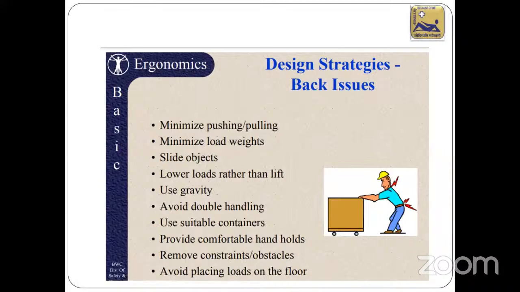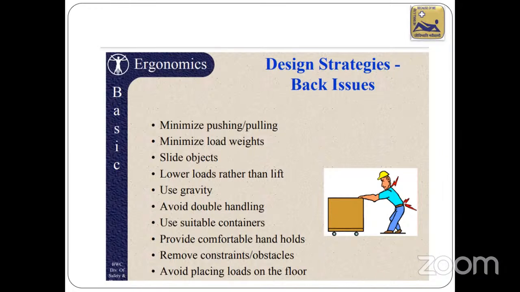So these are the design strategies to prevent back issues. When you're trying to lift any weight, if it is too heavy or too low, when lifting from the floor, make sure the weight is held towards your trunk. The distance between your body and the weight you're carrying should be shorter. The more you keep the weight in front, the more you strain your lower back, mainly the lumbosacral region.